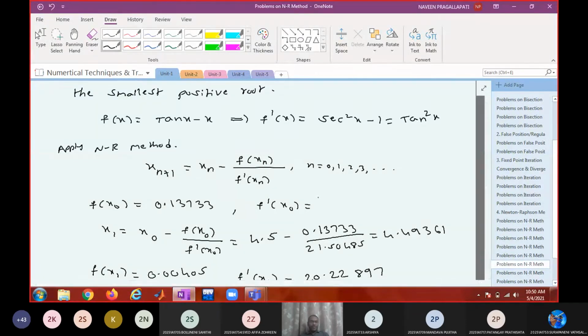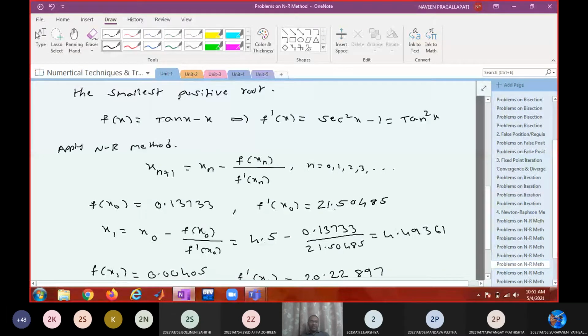Are you doing it? Fix the number of decimals to 5. In all the problems in Newton-Raphson method, I told you to fix the number of decimals to 5.